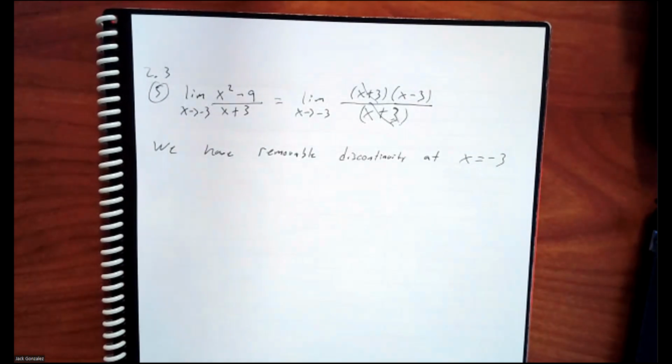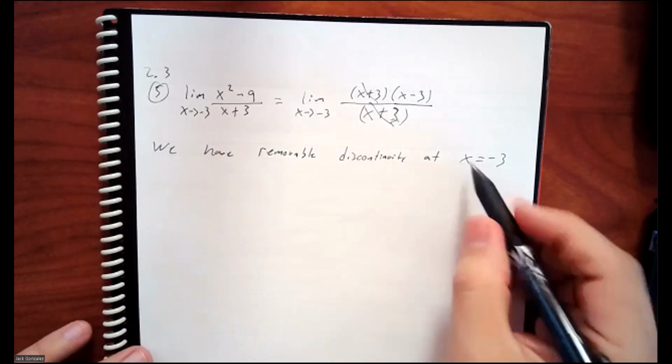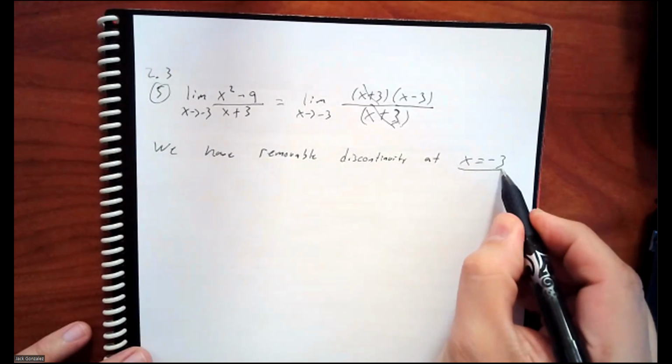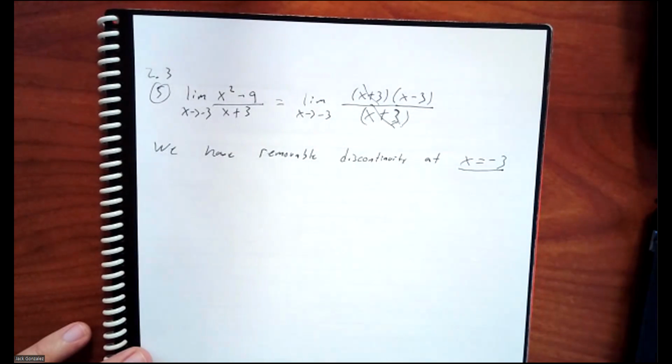Because -3 is the one that would cause division by 0, right? So this is where we had problems, but we removed it by the cancellation when we factor.